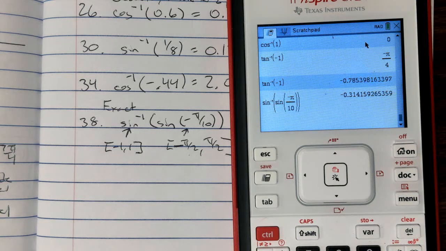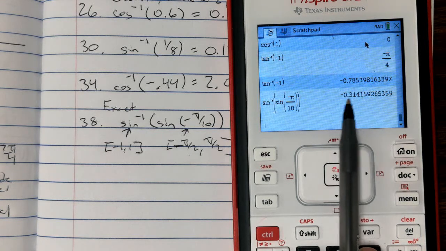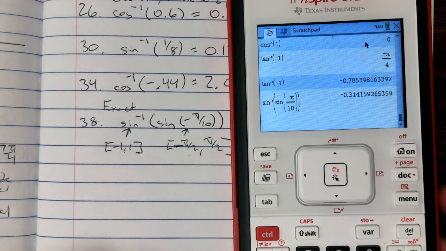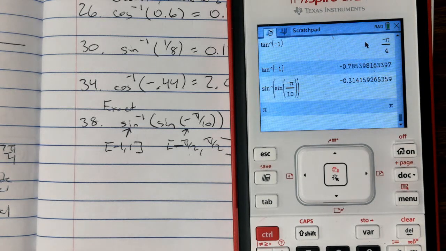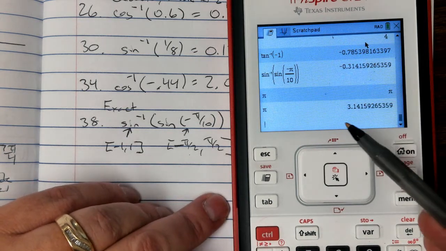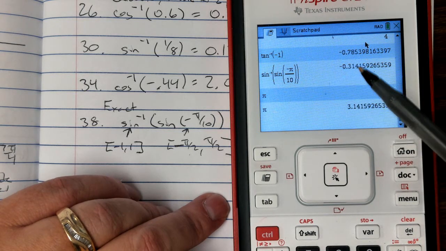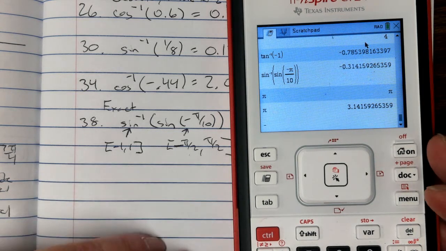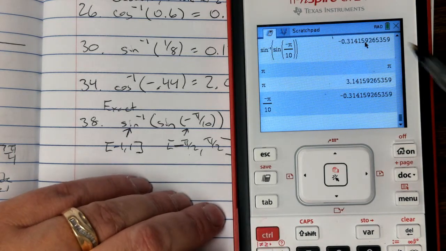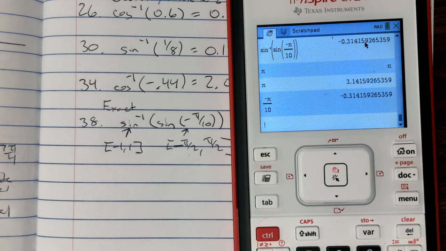Alright, so you might recognize some of the numbers on here. 314159, that's kind of like pi as a decimal, 3.14159. And so basically you could probably guess it's -pi/10, because all you're doing is moving your decimal place over by 1.